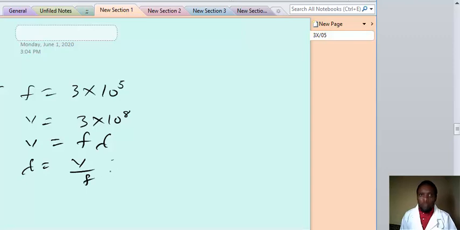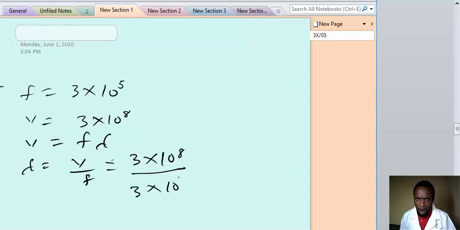So v is 3 times 10 raised to power of 8 divided by 3 times 10 raised to power of 5. Let's punch our calculator. That will give us lambda equals 1000 meters. That is lambda. But don't forget, you are asked to calculate two things.